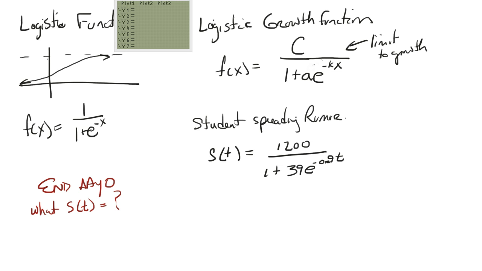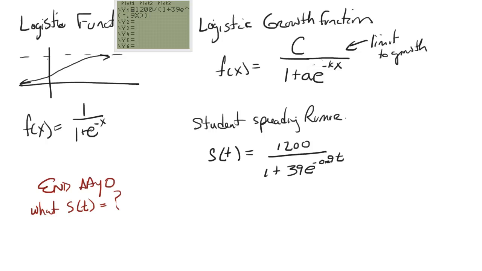Just be careful how you type it in, of course. So 1200 divided by parenthesis 1 plus. And that should be pretty good.